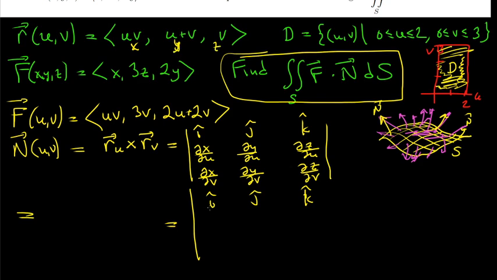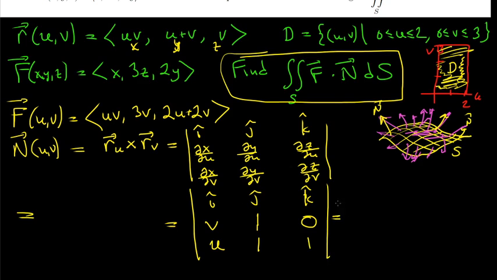The partial of x with respect to u is just v. The partial of y with respect to u is just 1. The partial of z with respect to u is 0, because v is z, so the partial of v with respect to u is 0. The partial of x with respect to v is u, the partial of y with respect to v is 1, and the partial of z with respect to v is also 1.